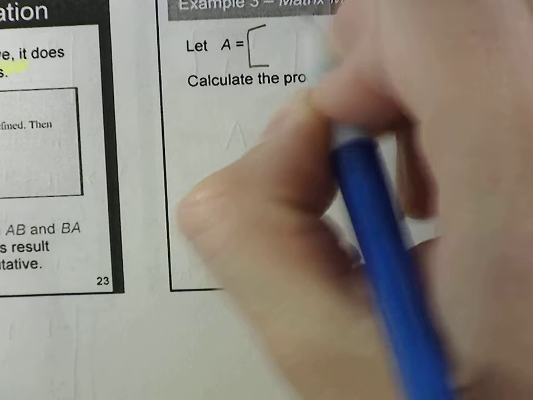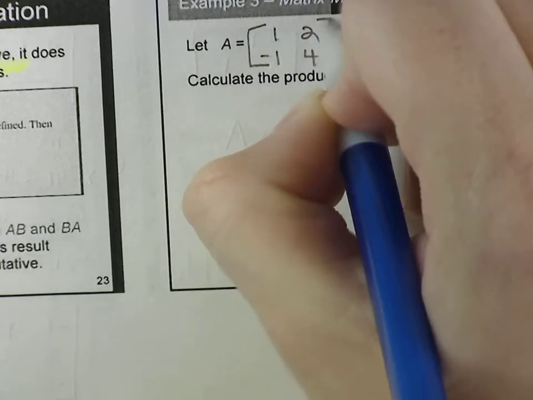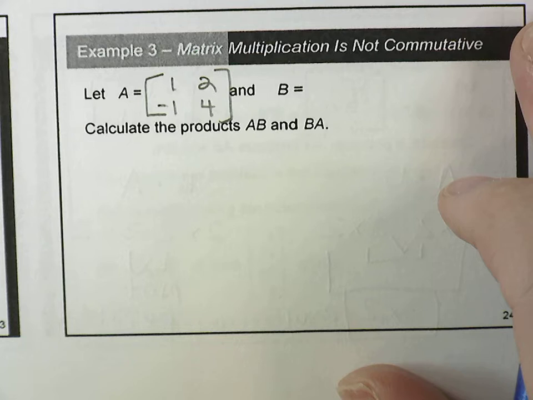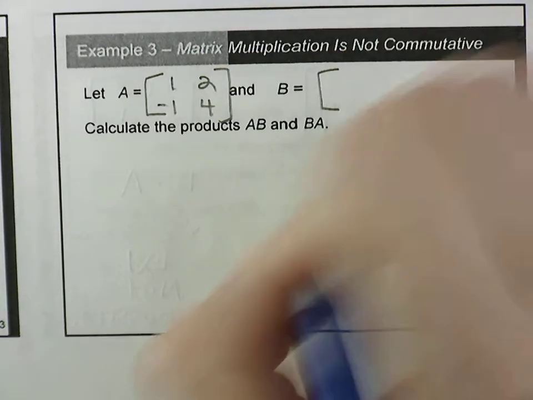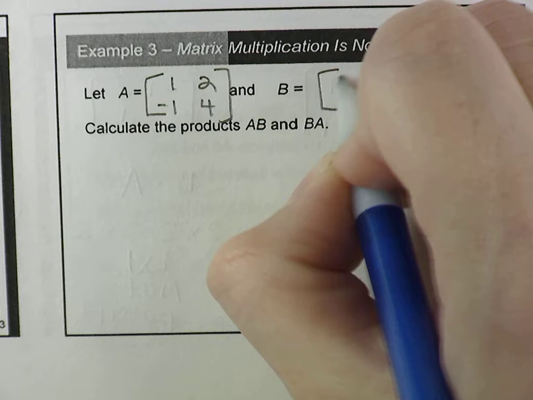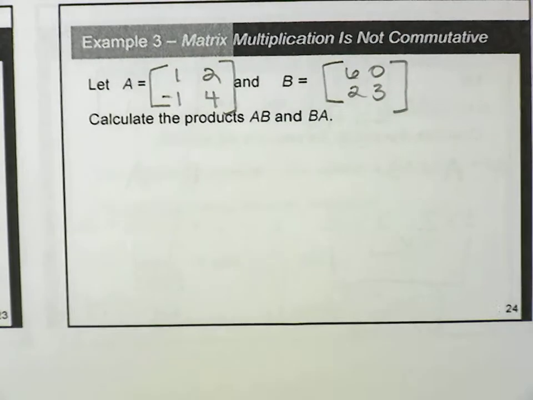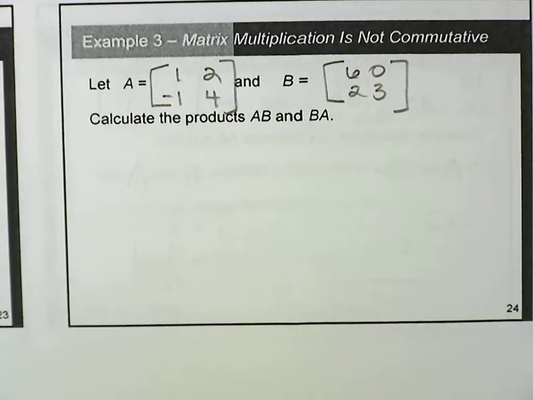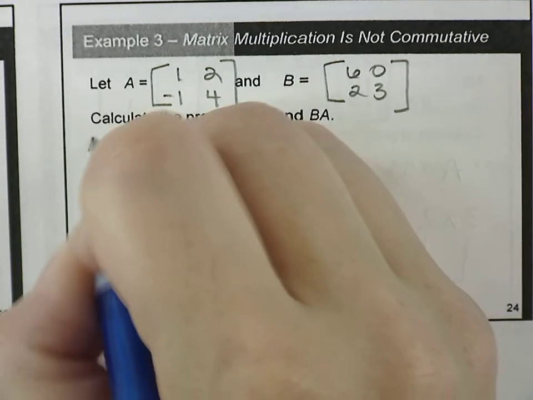So we're going to let A equal [1, 2; -1, 4] and we're going to let B equal [6, 0; 2, 3]. So they're both 2 by 2s. So we're going to calculate the products of AB and BA.